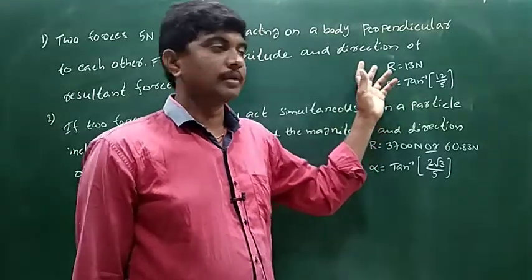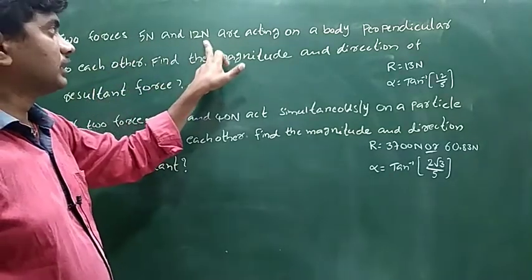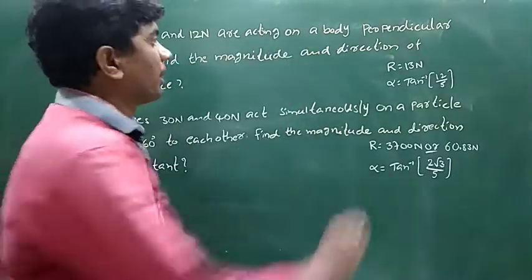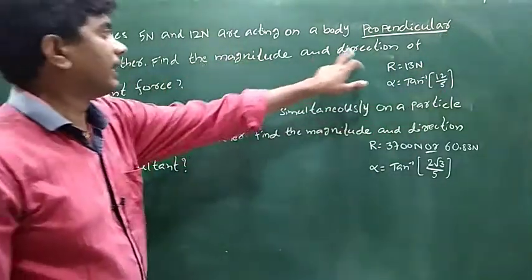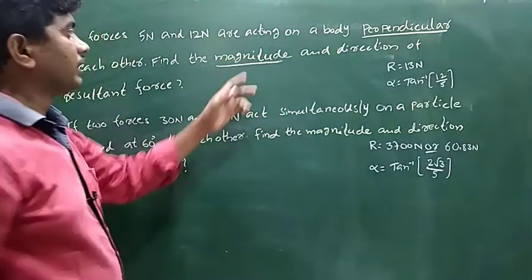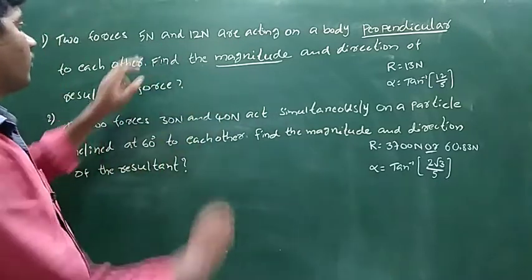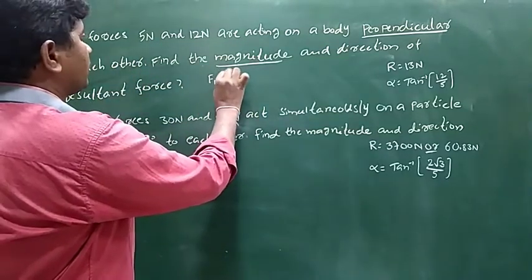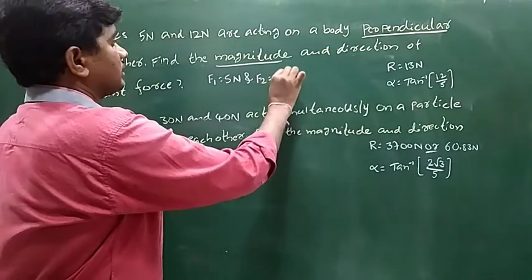Today's assignment problems. The first one: two forces 5 newtons and 12 newtons are acting on a body perpendicular to each other. Find the magnitude and direction of the resultant force. Magnitude: square root of F1 square plus F2 square plus 2 F1 F2 cos theta. First of all, F1 is equal to 5 newtons, F2 is equal to 12 newtons.